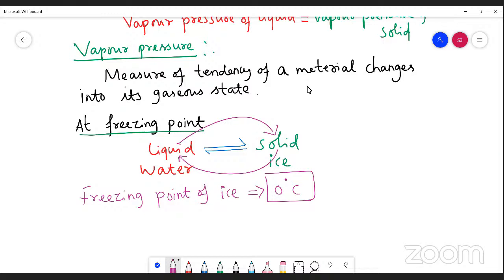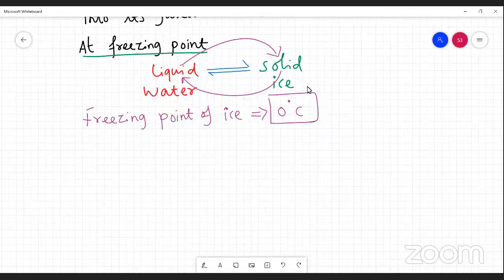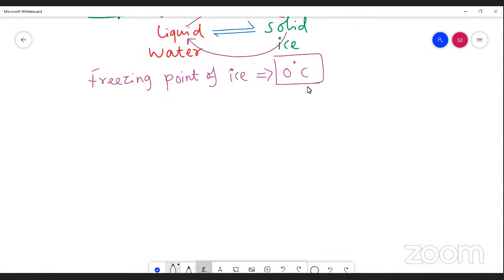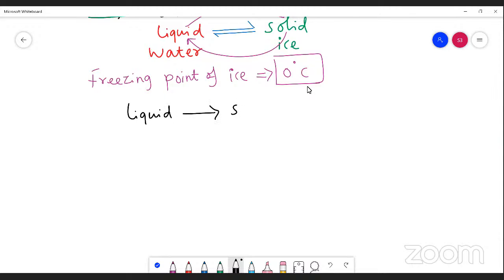So if the freezing point of ice is 0 degrees Celsius, it is understood the liquid is going to be converted into solid. During this process, the solvent we are taking is liquid water.